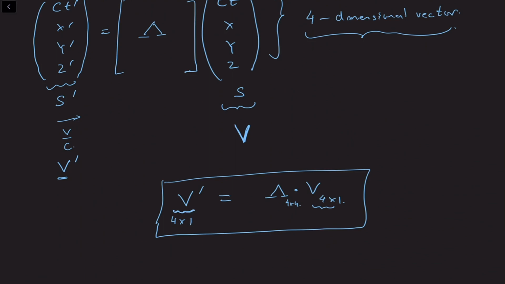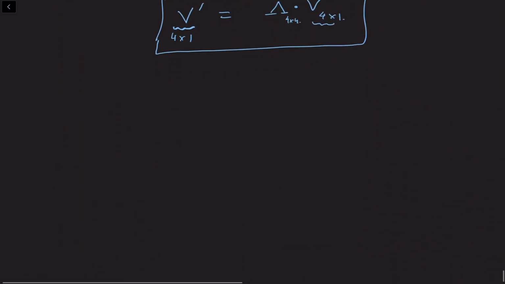Now, this rule seems very specific. It seems like a rule in the dictionary which only works for t, x, y, and z. Because as we've seen, the transformation rules for velocities appear to be more complicated, right? We had velocities which were, let's say, ux, uy, and uz. And if we want to find the corresponding velocities in a frame S prime, the transformation rule was more complicated.